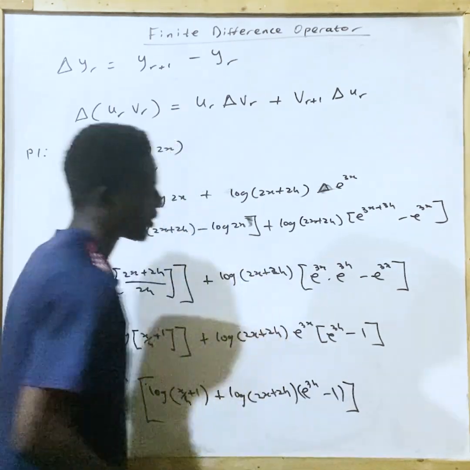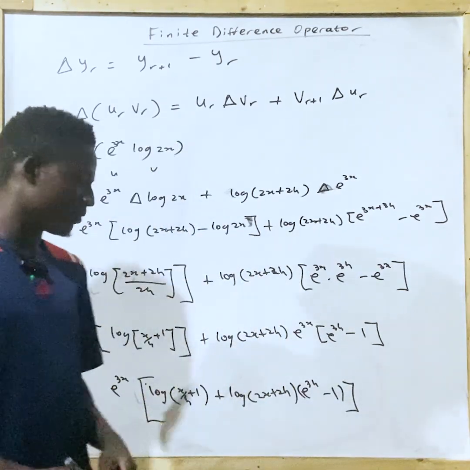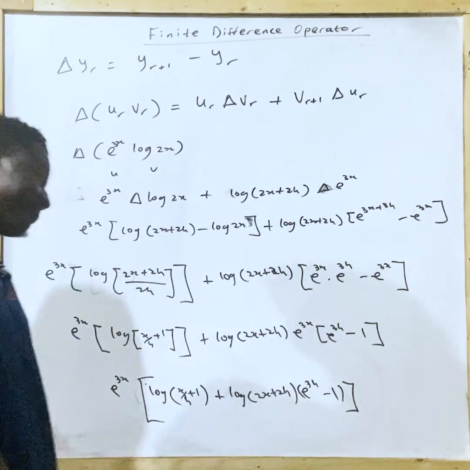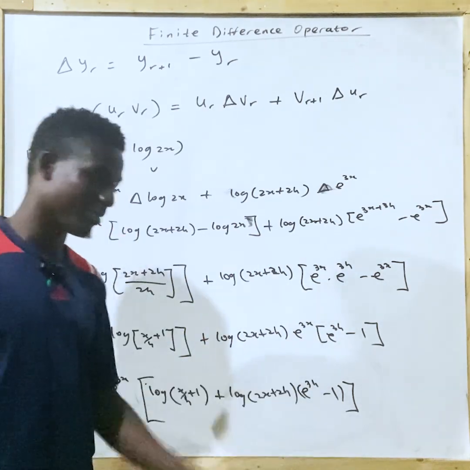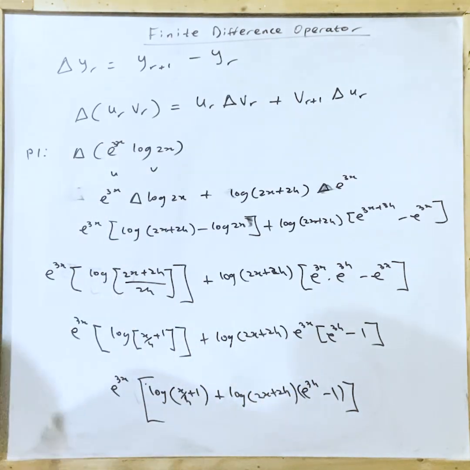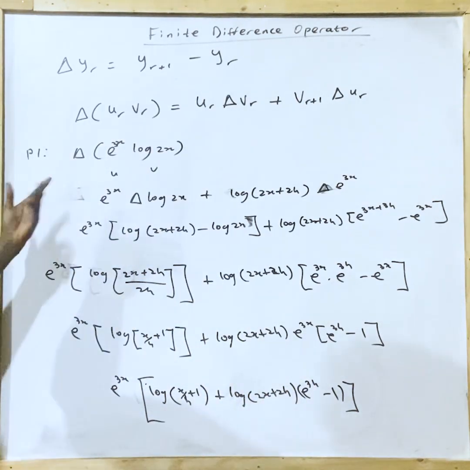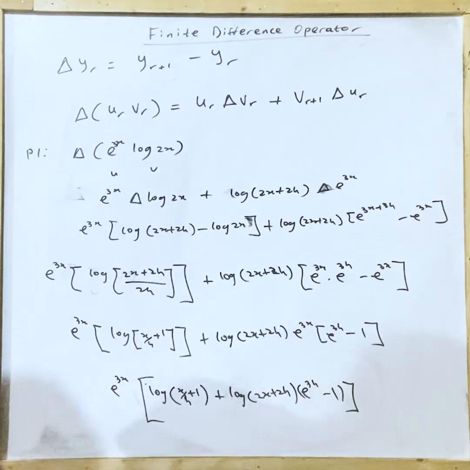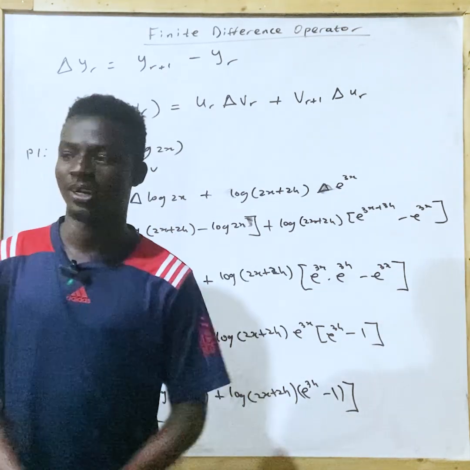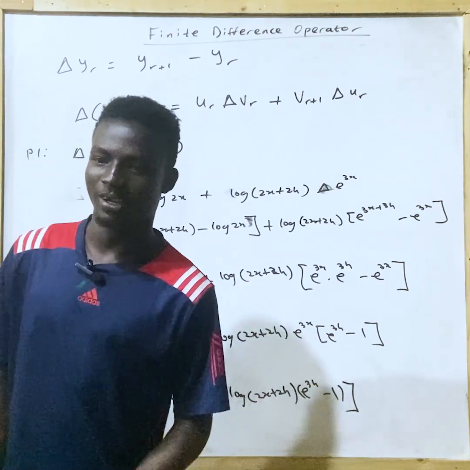I can stop here, as you've evaluated to the simplest term to the best of your abilities. You could take another approach by making this one u and this one v, and that will be left for the viewers to attempt.